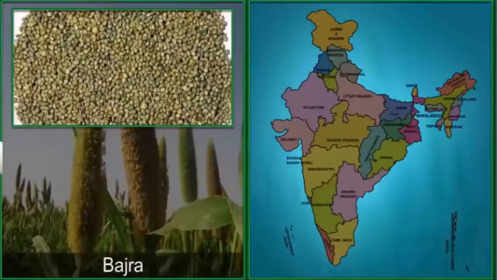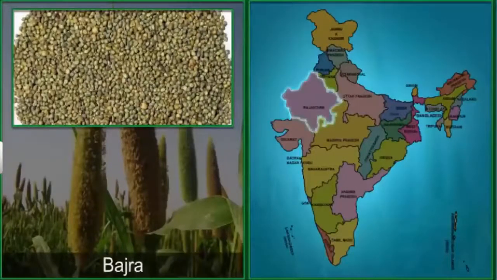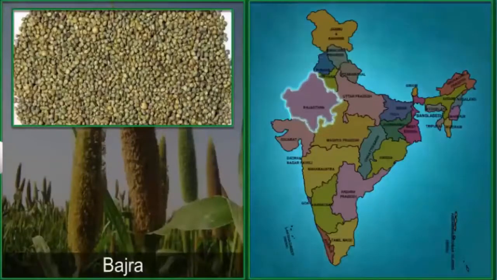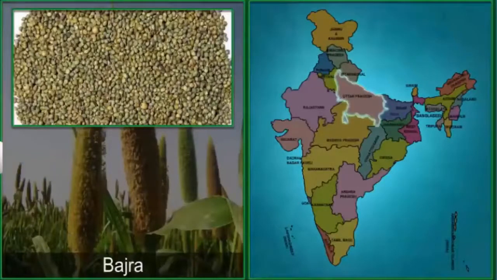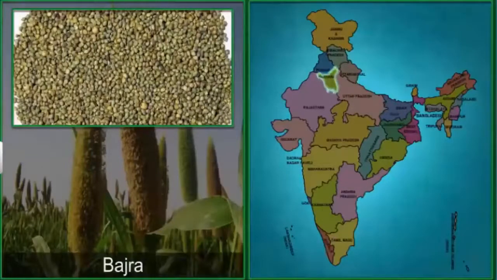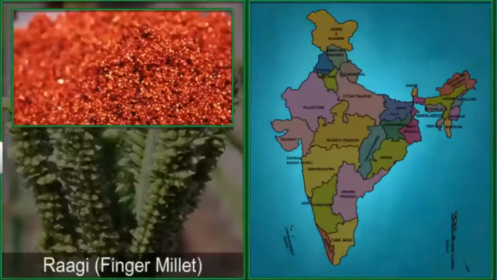Bajra grows well in shallow black soils and sandy soils of Rajasthan. Rajasthan is the leading producer of bajra that forms an important part of the diet of the people in this region. Other important bajra producing states are Uttar Pradesh, Maharashtra, Gujarat, and Haryana. Finger millet or ragi is known for its high nutritional value.